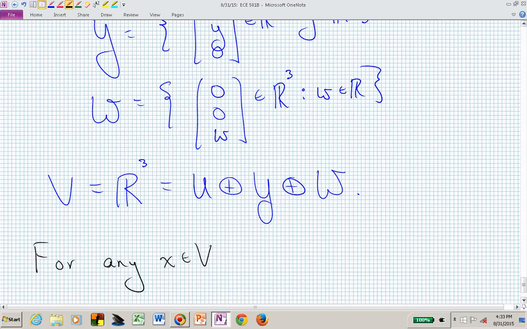Meaning for any X, any vector in our vector space capital V, let's say X now has coordinates X sub 1, X sub 2, X sub 3.